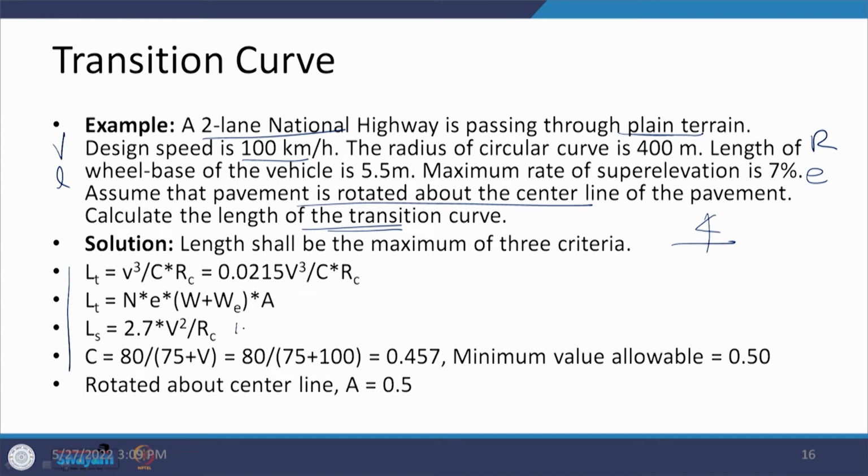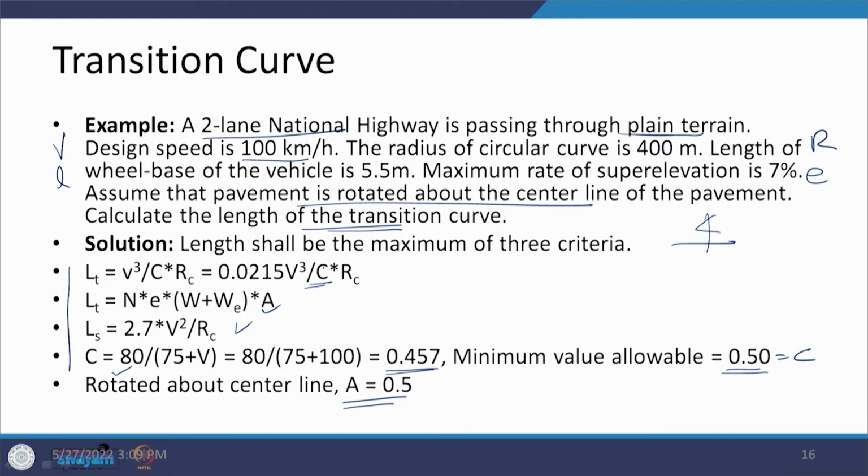So, we are considering 2.7 V square divided by R. When we talk about the first one, the constant C has to be calculated, which is 80 divided by 75 plus V, and when we put the value of V as 100 kilometers per hour, what we get is 0.457. But the minimum allowable value for C is 0.5, and therefore, we are going to use C equal to 0.5. Then it is rotated about the center line, that means A is 0.5. So, A is also known, C is also known.